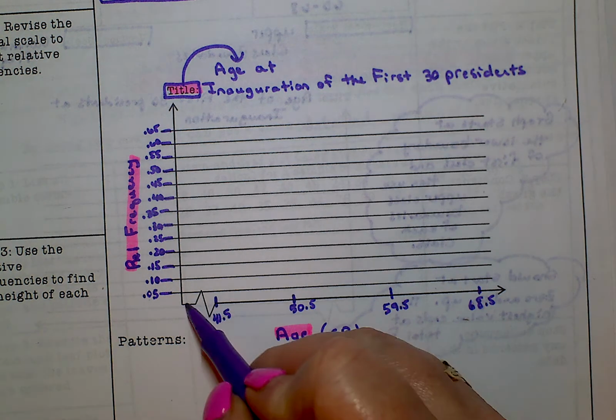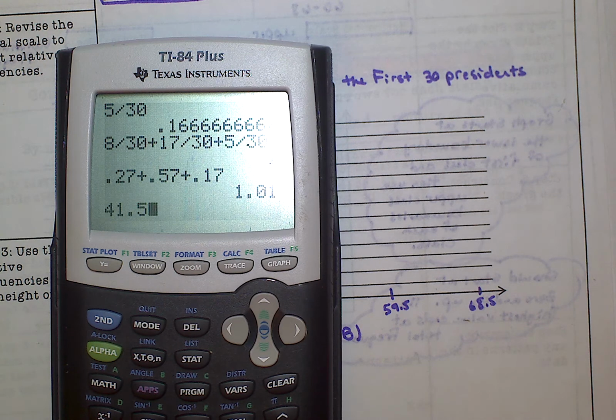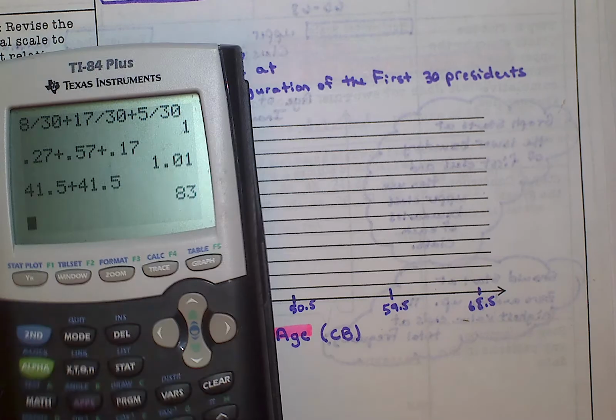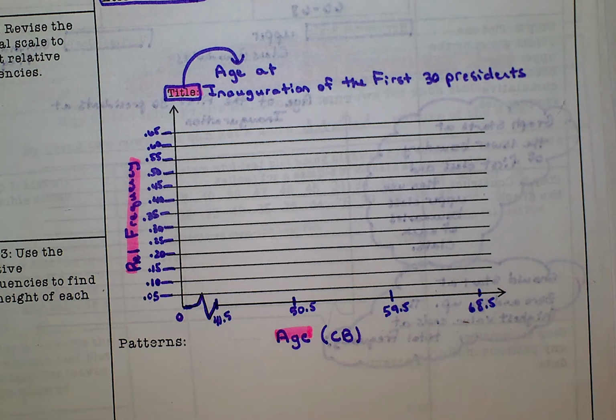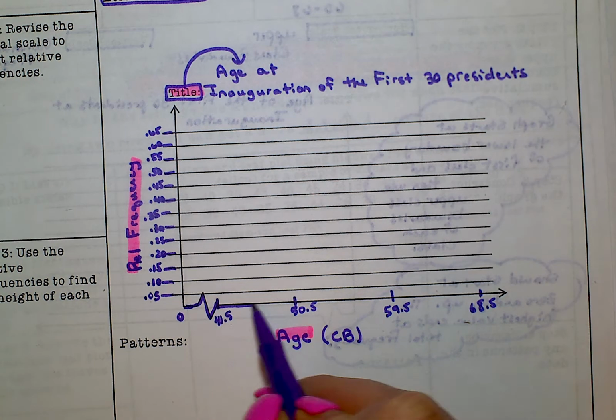Now notice I have a break in this scale, because if I start at 41.5, then my next number should be adding 41.5, which should be 83. So since I'm not keeping that same pattern from 0, I would have to have a pattern from this point over.